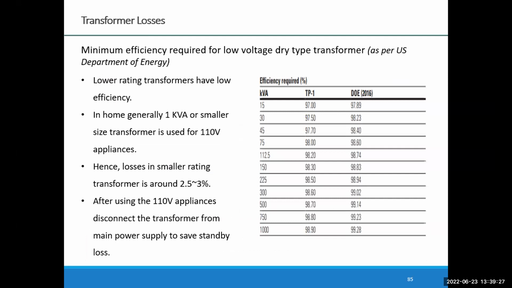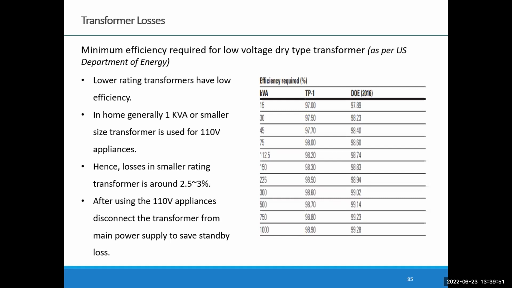In homes, generally 1 kVA or smaller transformers are used for 110 volt appliances. Hence losses in smaller rating transformers are around 2.5 to 3%. After using the 110 volt appliances, disconnect the transformer from the main supply to save standby power, that is, no load power also.